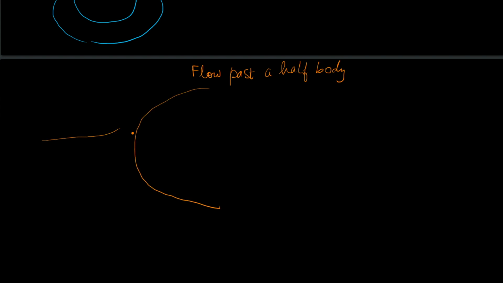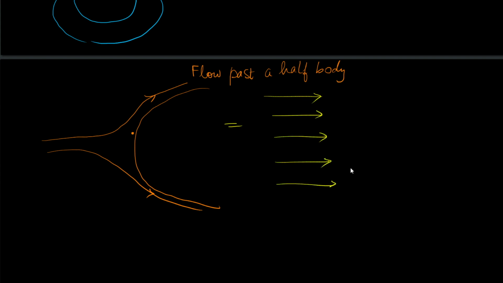So basically I want to find out the flow like this. So how to do that? Basically this resembles two things. It's a uniform flow like this plus a point source. So the point source will be something like this.